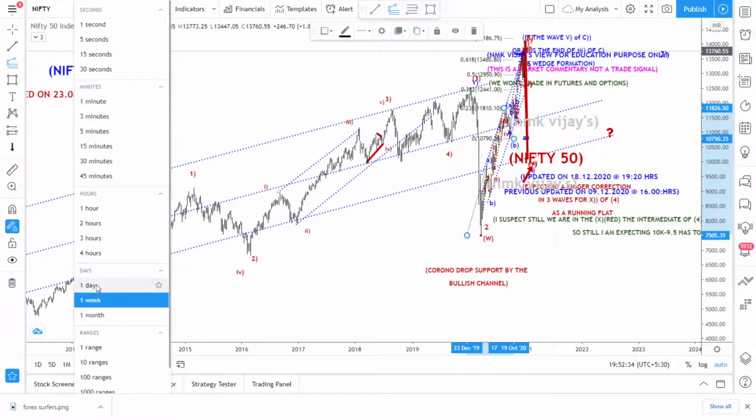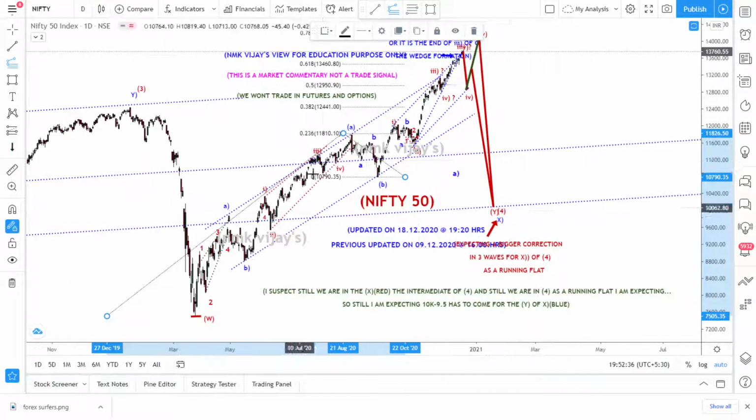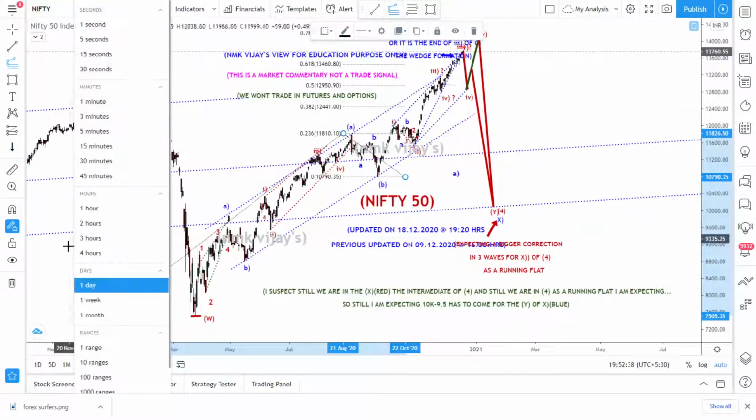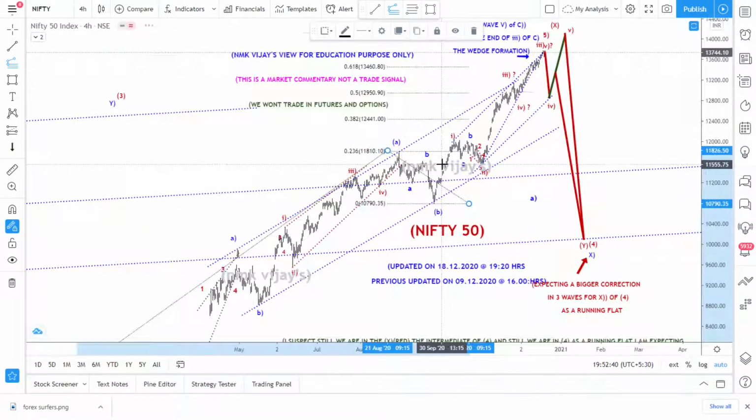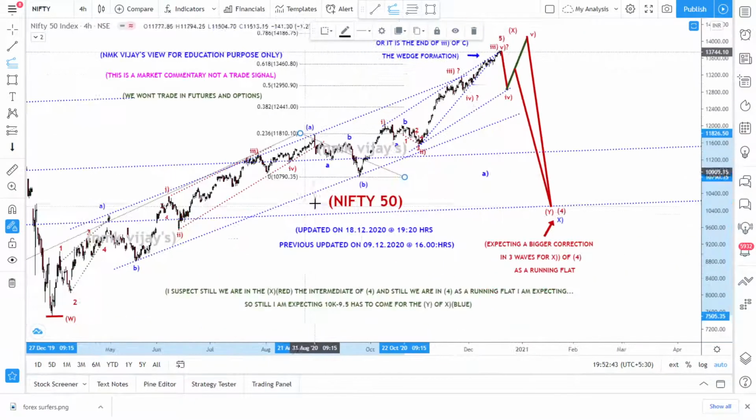So I'm not sure what it's doing here. Whether there is a B, C, and only the 23.6 retracement is there for this B wave.